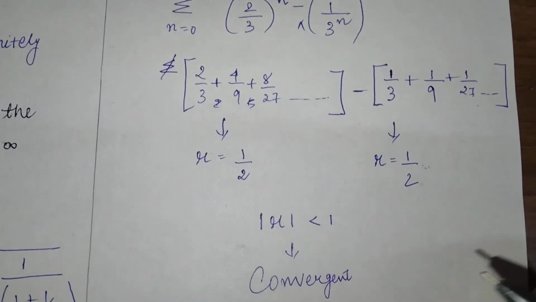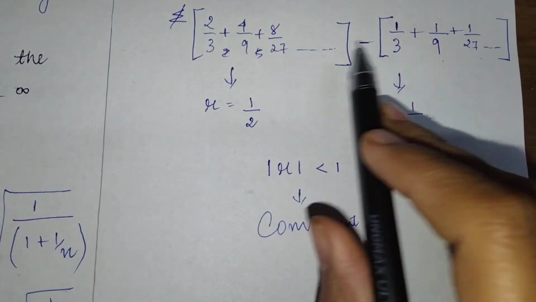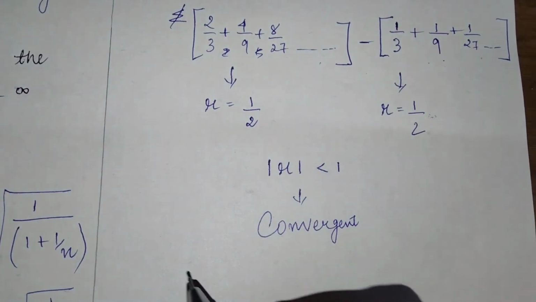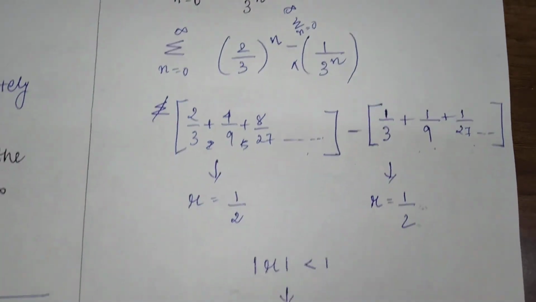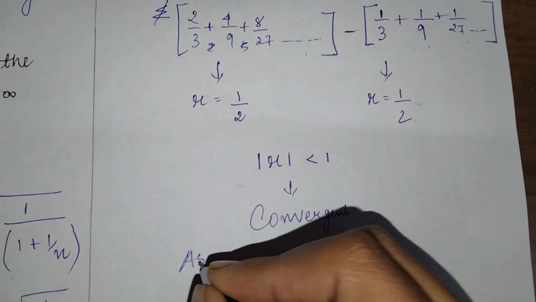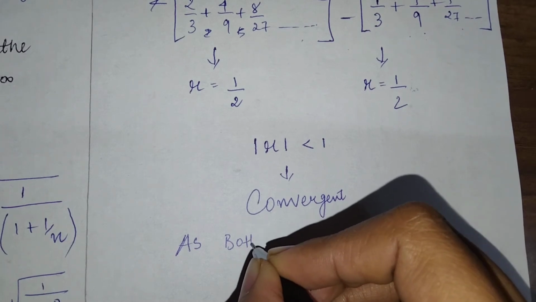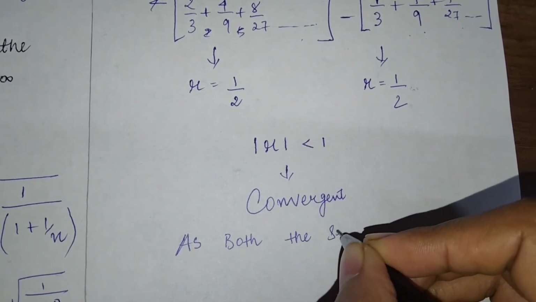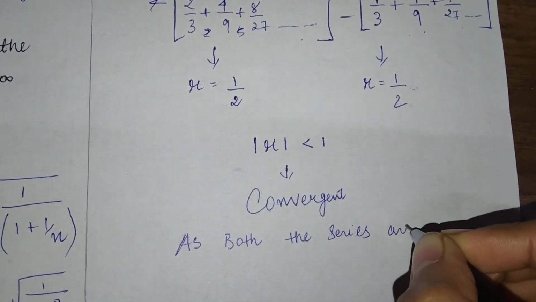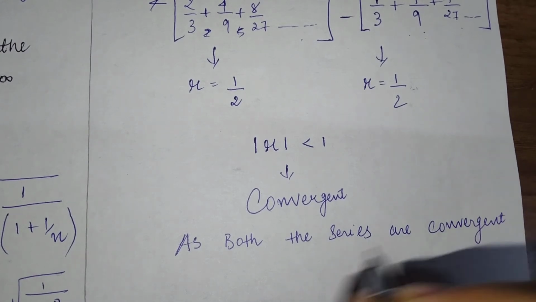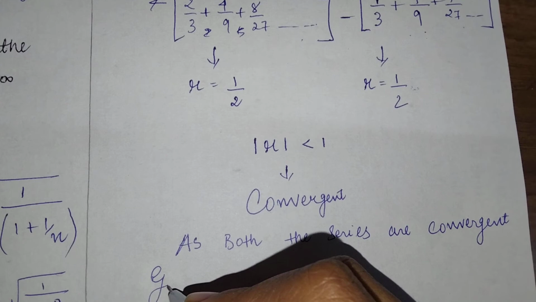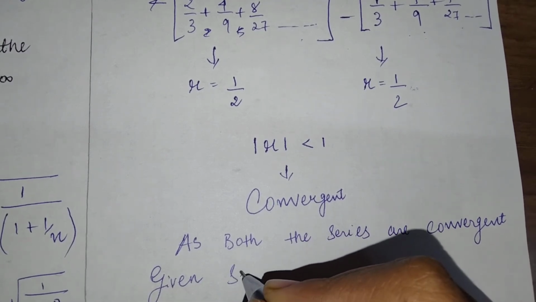Okay, means both the series are individually convergent, so we can say that the given series is convergent. Okay, as both the series are convergent, you have to write like this at the end, that as both the series are convergent, the given series is also convergent.